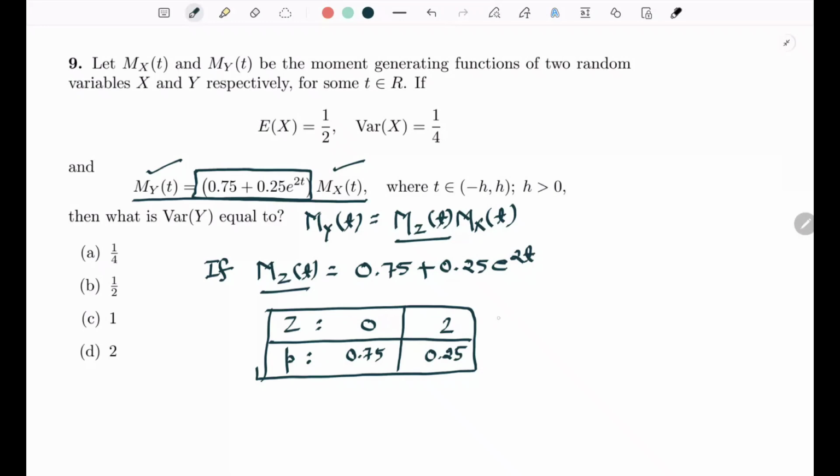How do we find the MGF of discrete variables?